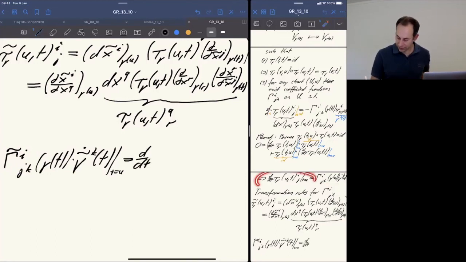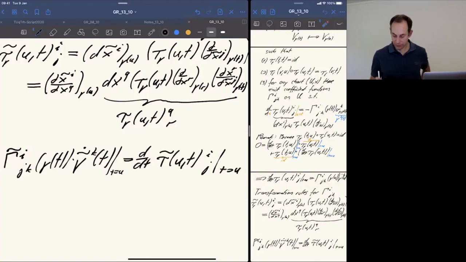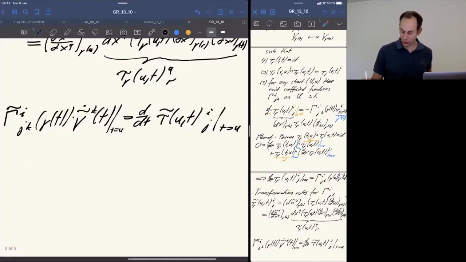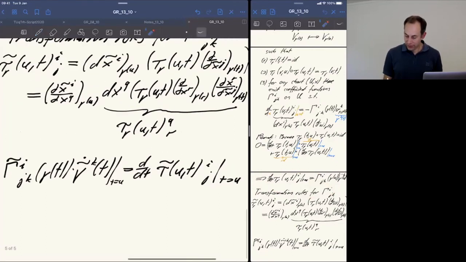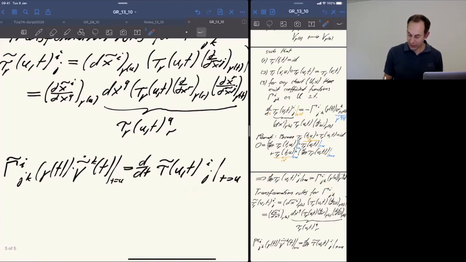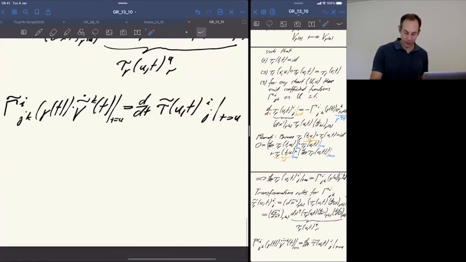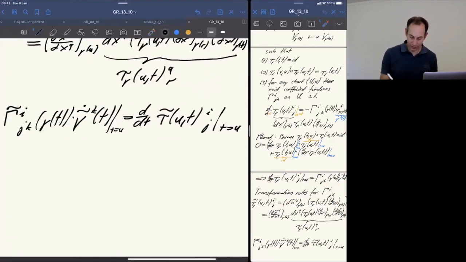Now I just copy the left-hand side of that with the tilde stuff, tau tilde, u t I j evaluated at t equal u. Okay, so again, I didn't do much except for copying this expression. Now the real work starts, because now we have to evaluate this derivative here. I mean, we now essentially do the derivative by inserting into tau tilde this whole expression here, this big thing here, and see what comes out of that.